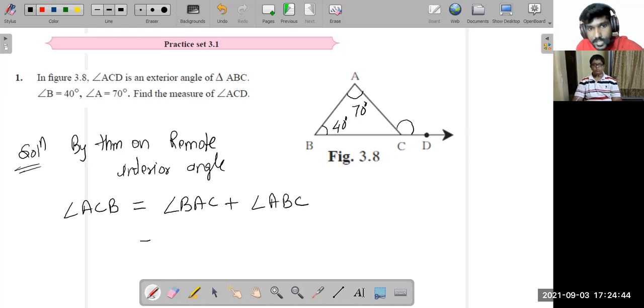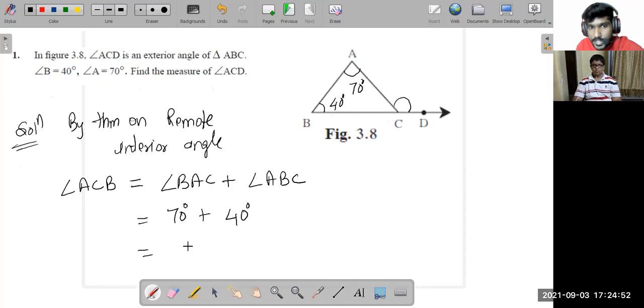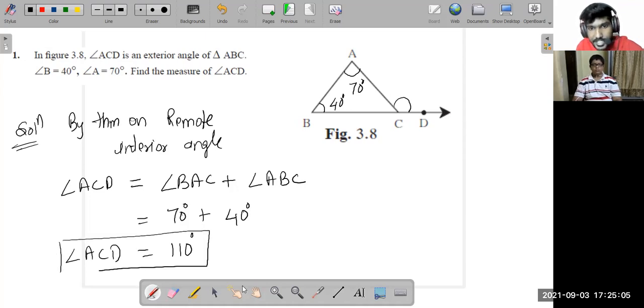So angle BAC is 70 degrees and angle ABC is 40 degrees. So 70 plus 40 is 110 degrees. Okay, sorry, I wrote ACB. Now this has to be ACD. So angle ACD is equal to 110 degrees.